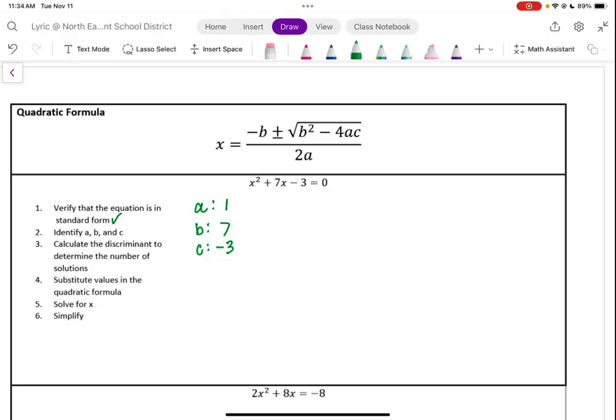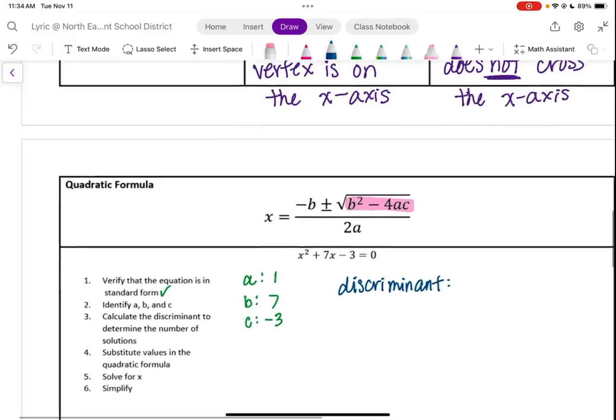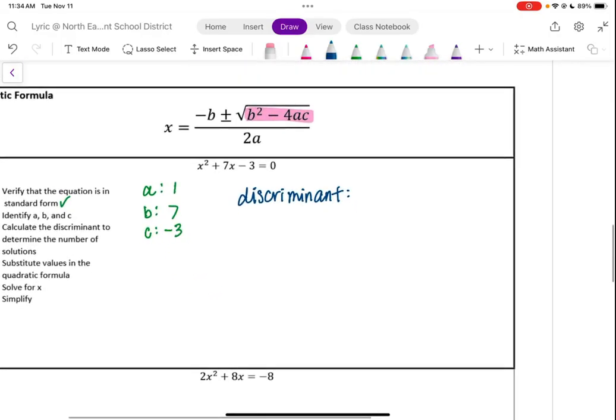Calculate the discriminant to determine the number of solutions. Okay, so we said the discriminant is everything inside the square root, but not the square root itself. So we need to write out our discriminant.